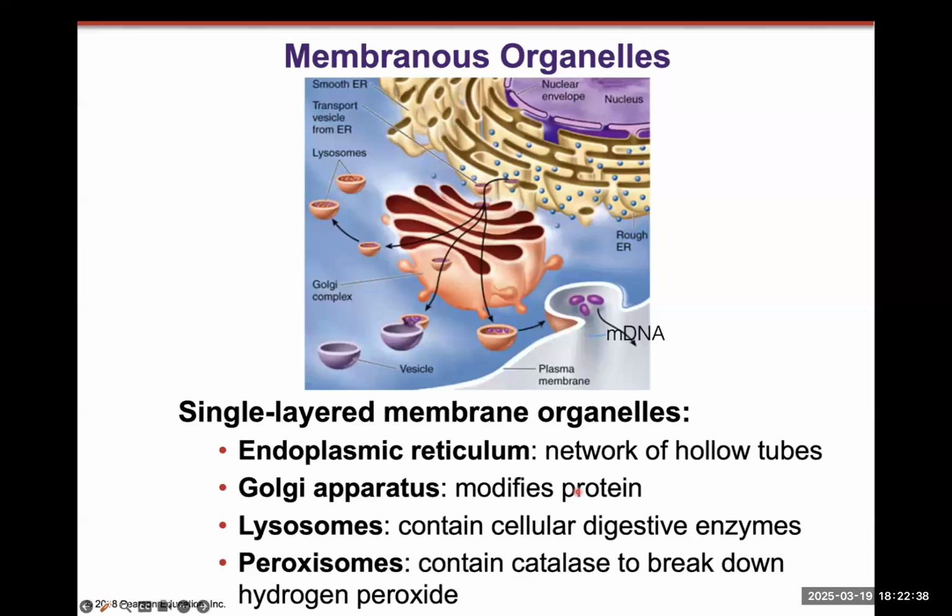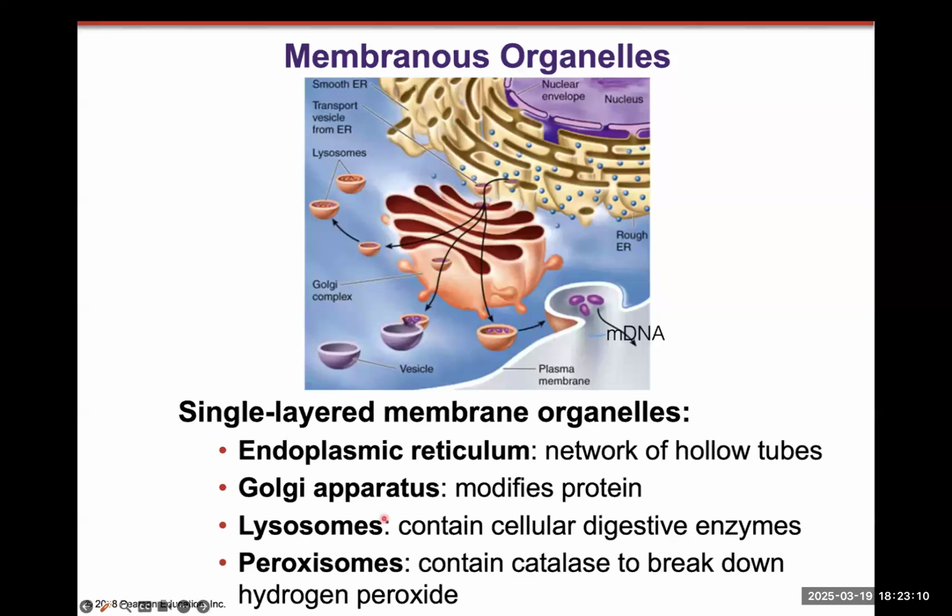Then there are these other ones, lysosomes, that contain cellular digestive enzymes. They can also turn into peroxisomes that contain catalysts to break down hydrogen peroxide. So there are two kinds. Lysosomes have digestive enzymes. They're like garbage disposals. Lysosomes and peroxisomes are garbage disposals inside yourself, because you have waste products.